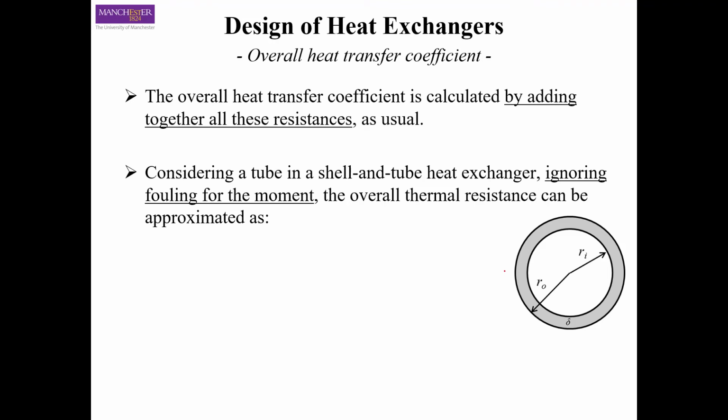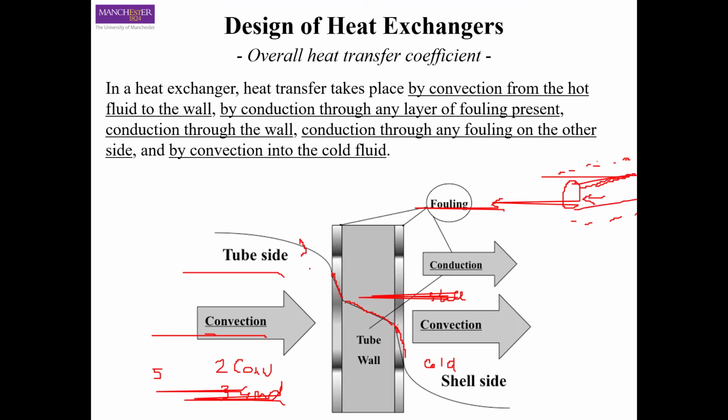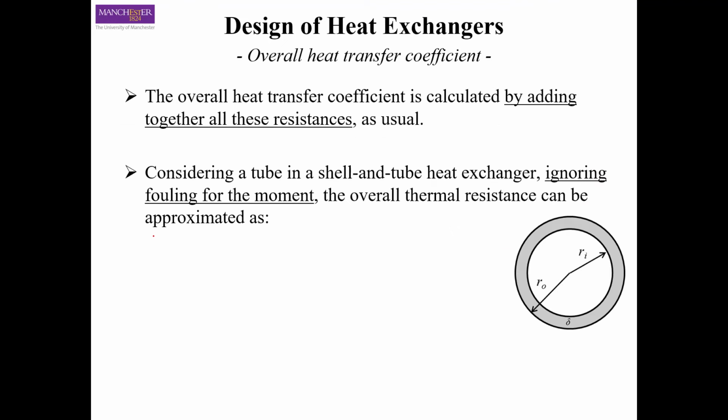Now let's look at how we can calculate the overall resistance. All these things are happening in series. As you can see, all these things are connected, so they are in series. So we can calculate the R total. How can we calculate the R total? To do the calculation of R total, we look at the overall heat transfer coefficient.